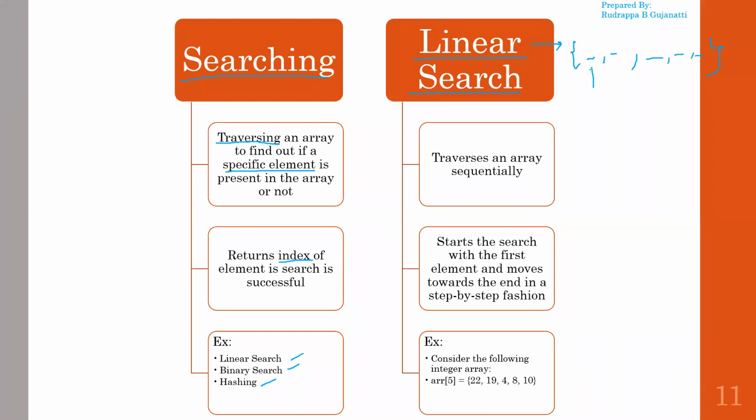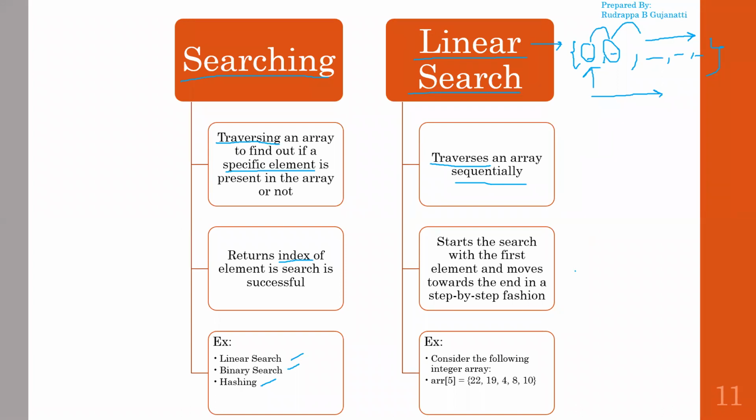First you start with the first element and compare it with the required element. If not, go to the next element and see whether it matches the search element. If not, continue till you identify it or till you reach the end of the array. That is, you traverse the array sequentially, till the search is successful or unsuccessful.